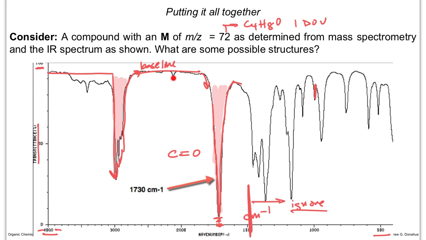Like, see this little blip here? Don't drive yourself nuts trying to figure out what that is, because from 0% up to there, it's not really absorbing much. So it's not worth trying to figure out.